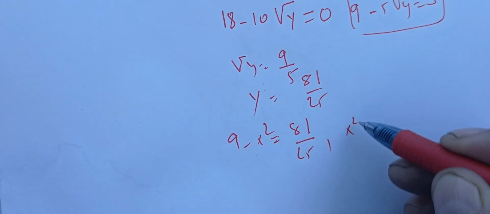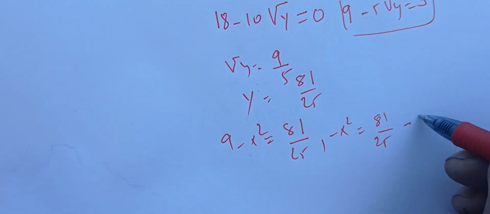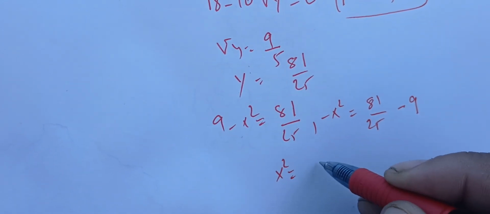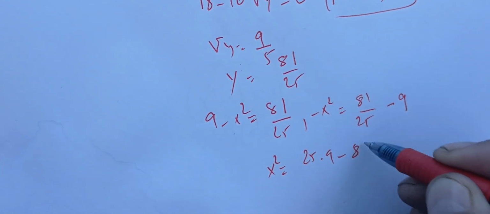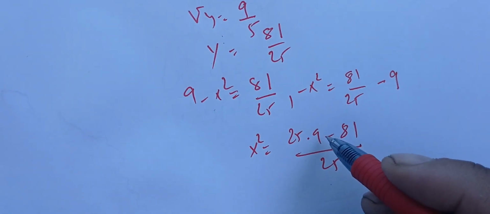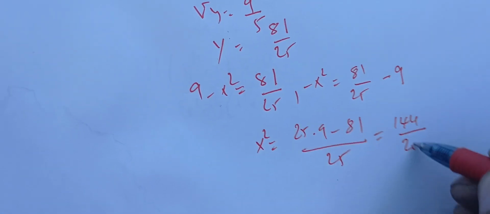And solving for x squared, I'm going to get 81 over 25 minus 9. So if I multiply by a minus, I'm going to get x squared is 9 minus 81 over 25, which is 144 over 25.